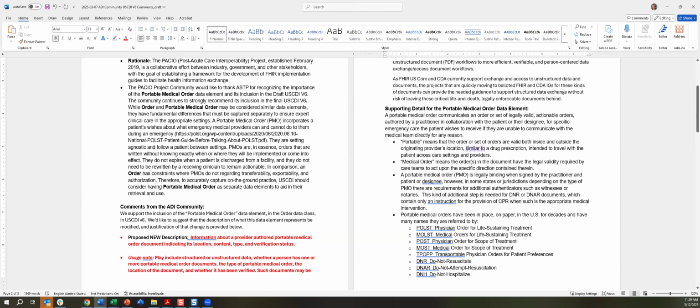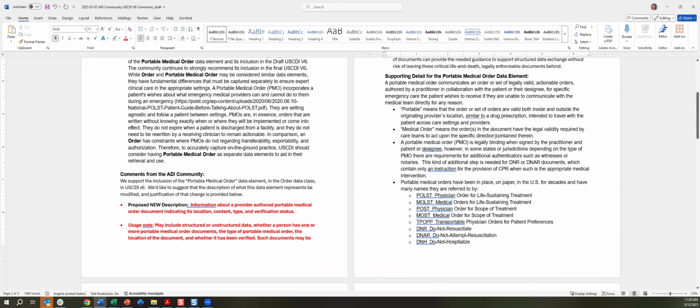Well, it means that the orders are valid inside and outside the originating provider's location, similar to a drug prescription, and they are intended to travel with the patient across care settings. Medical order. This means that the orders in the document have the legal validity required by care teams to act upon the specific direction contained therein.